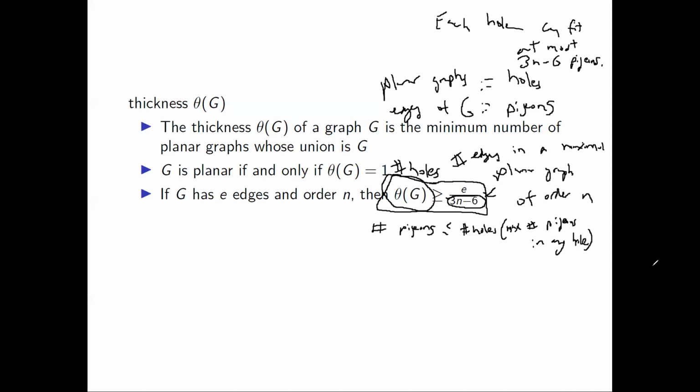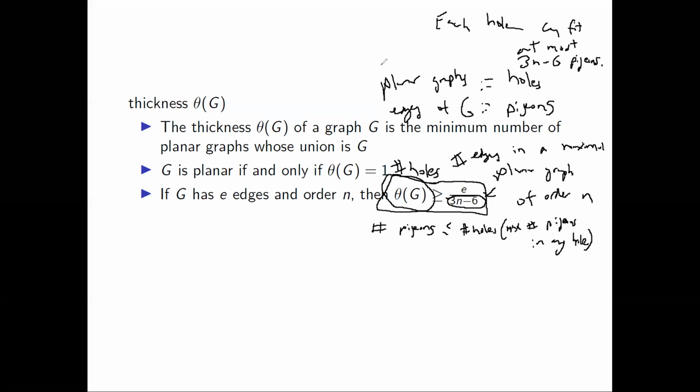So number of pigeons, E, is less than or equal to number of holes, theta of G, times maximum number of pigeons in any hole, which is 3n minus 6. So that hopefully clears up that bound.